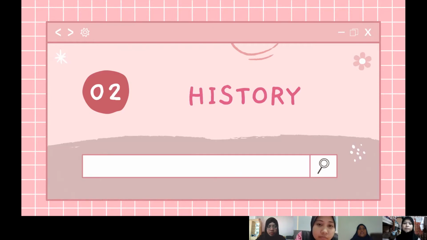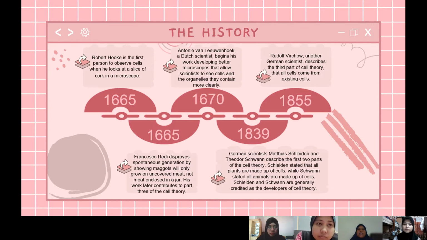Next, I will explain about history. In 1665, Robert Hooke was the first person to observe cells when he looked at a slice of cork under a microscope. His microscope used three lenses and a stage light, which illuminated and enlarged the specimens.